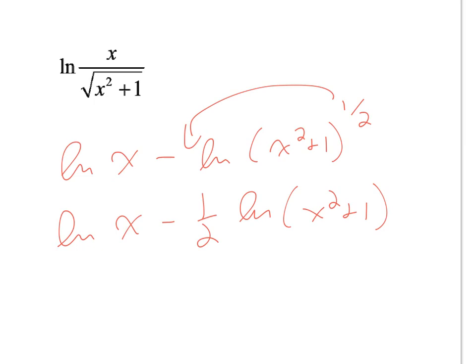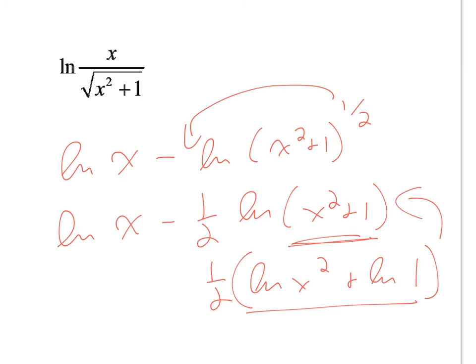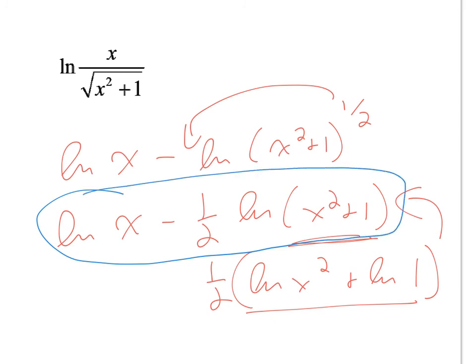Can I break this natural log up and say this is 1/2 ln x squared plus ln 1? No, I can't do that, right? We know that we can't break this up. This is as far as we can go. This does not equal that. Okay, so my final answer is going to be ln x minus 1/2 ln in parentheses x squared plus 1.